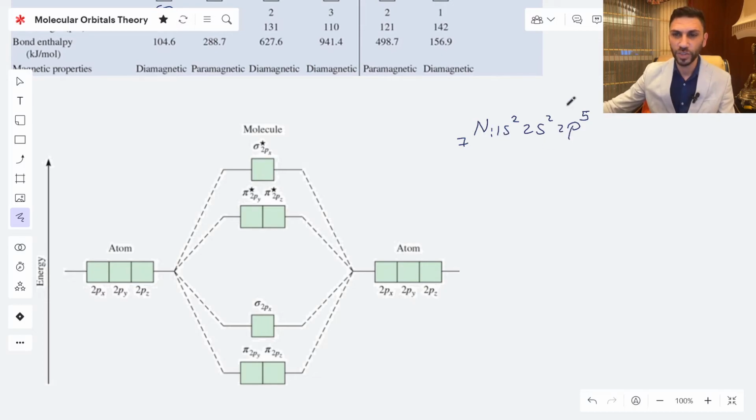So the valence electrons are 1s2, 2s2, and 2p3. The valence electrons are 5, and the outermost atomic orbital is in p. And we have 3 electrons.